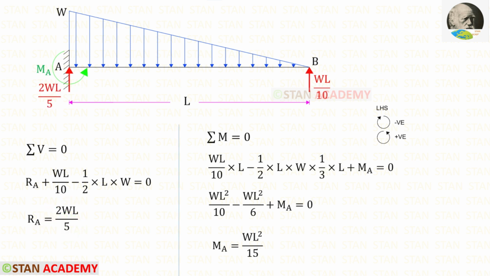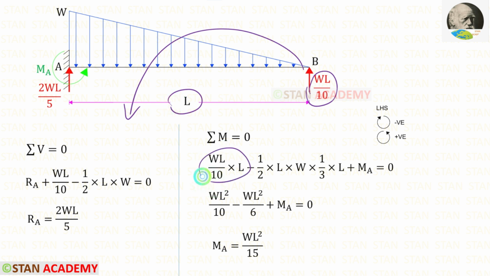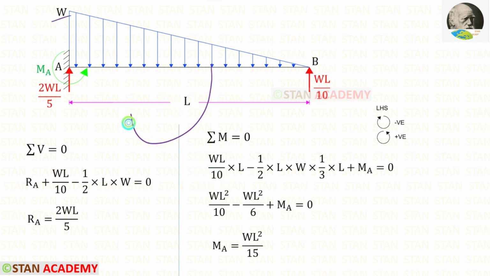Now let us take moment about the point A and find MA. RB is acting in the anticlockwise direction so that it will be positive and the distance is L. The UVL is acting in the clockwise direction so that it will be negative. To find the moment, we have to multiply the area with the centroid distance.